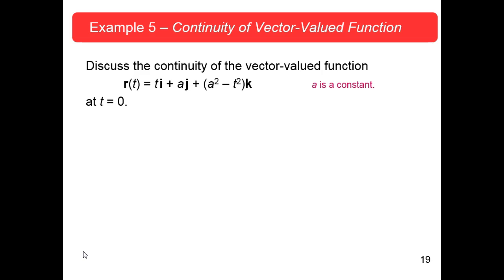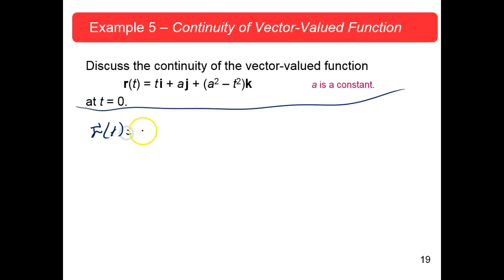Determine the intervals on which the vector value function r of t is equal to t i plus the square root of t plus 1 j plus t squared plus 1 k is continuous.